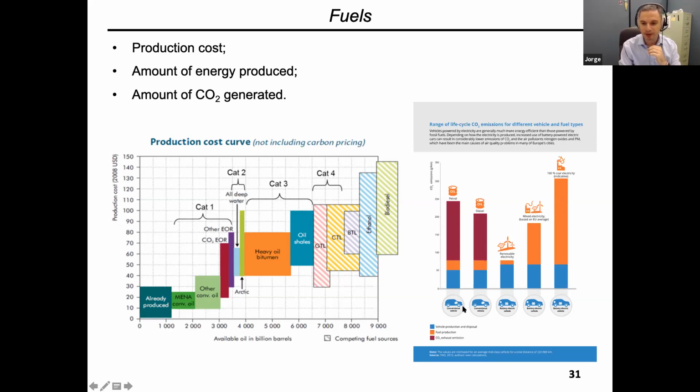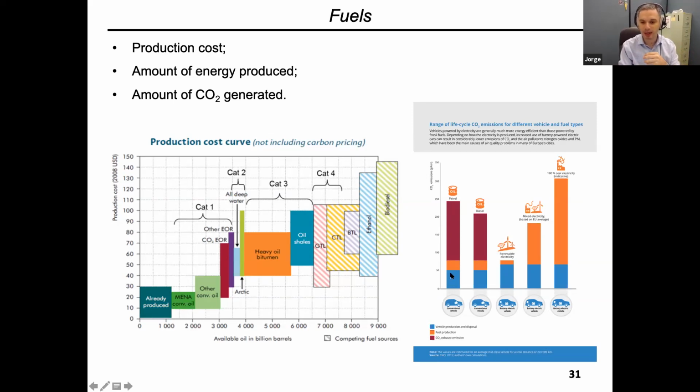We have here the first two bars are for conventional vehicles or gasoline operated ones, and the last three are related to electric vehicles. The blue bar means the amount of CO2 that is produced when we manufacture and dispose a car.